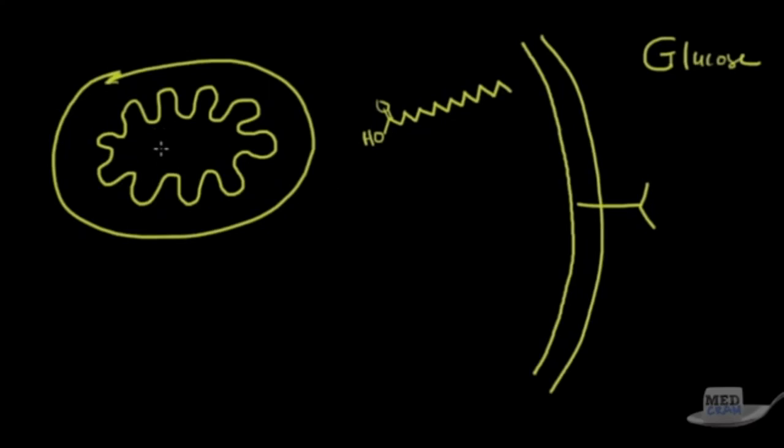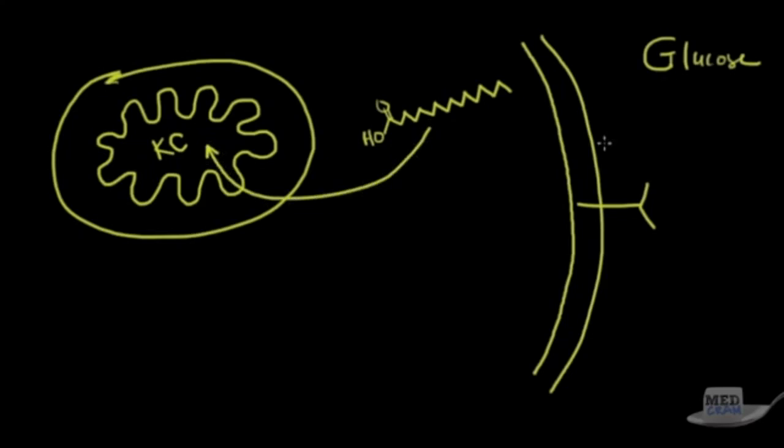You'll recall this is where Krebs cycle occurs. I'll abbreviate that as KC. And this is where you have beta oxidation. Remember, these fatty acids move inside the cell.